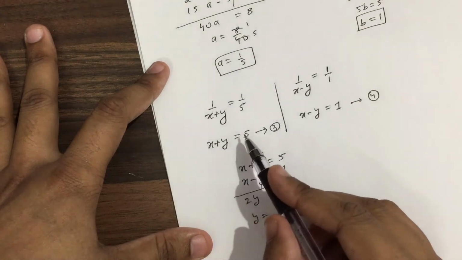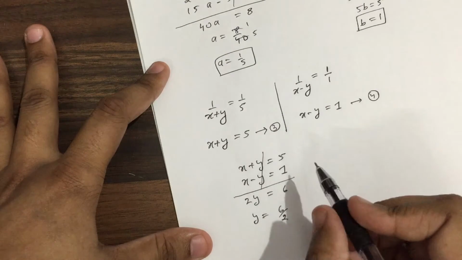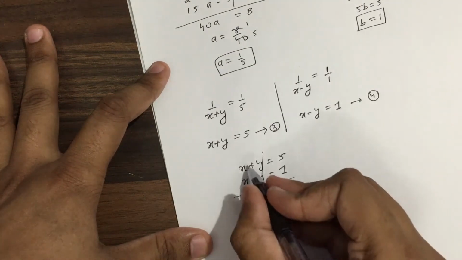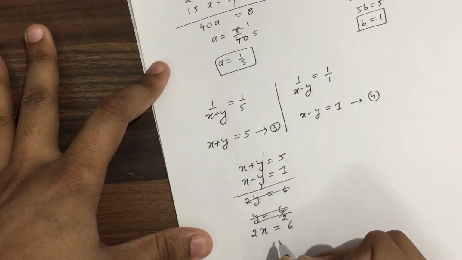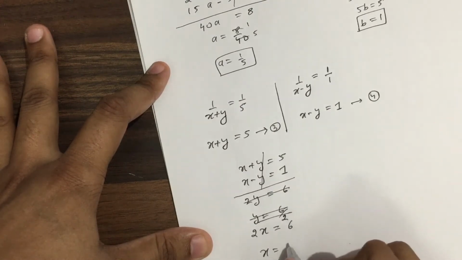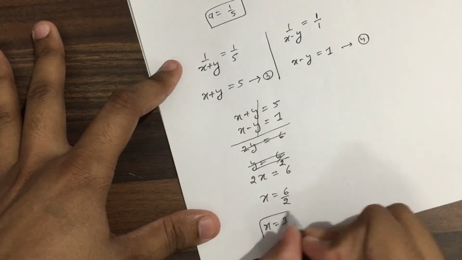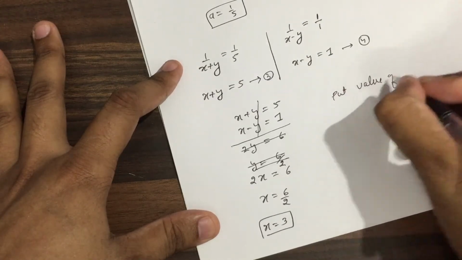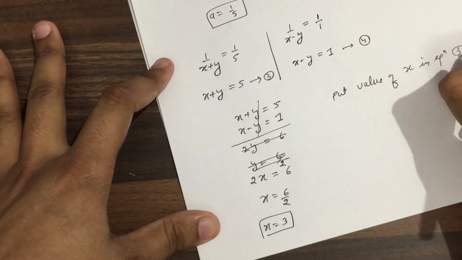Not 2y, this is actually x plus x, 2x. 2x is equal to 6. This will give you x is equal to 6 upon 2, and this will give you x is equal to 3.